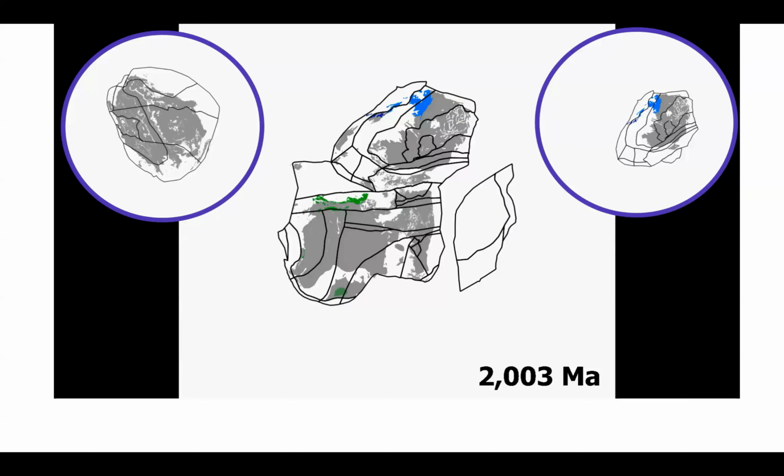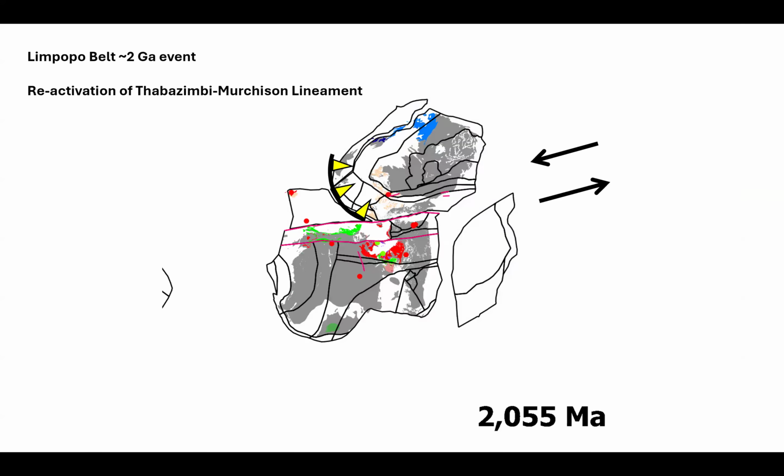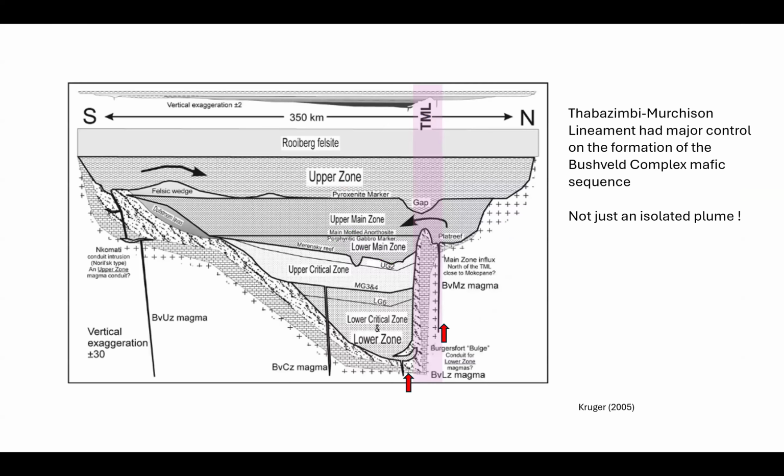Well, if the Thabazimbi-Murchison lineament is being reactivated as part of this, as just shown in this snapshot to emphasize it, then one can start to understand why the Thabazimbi-Murchison lineament might have played such a fundamental role as a boundary for different zones within the Bushveld complex and as an input focus, if you will, for the magmas, as suggested in the diagram that Johan Kruger put out in 2005. Other people have reproduced or come up with the same sort of thing in subsequent publications.